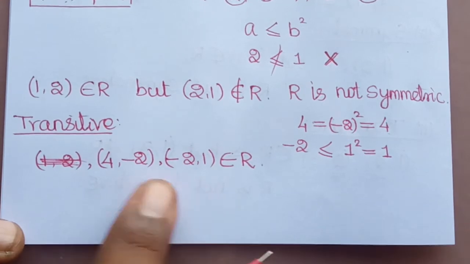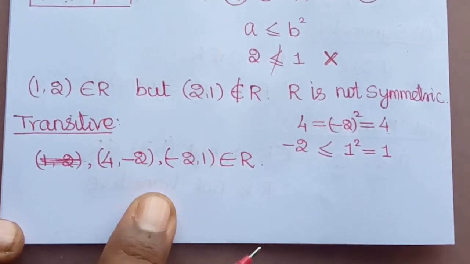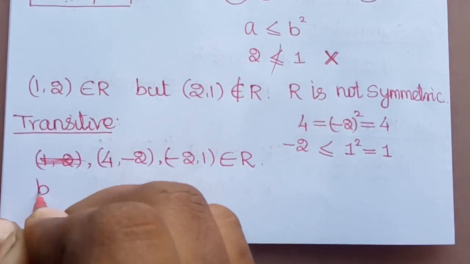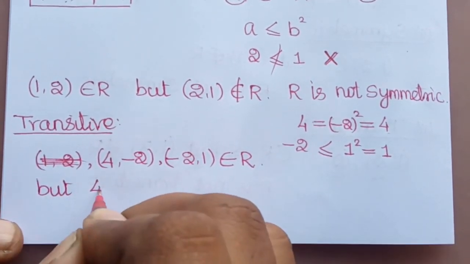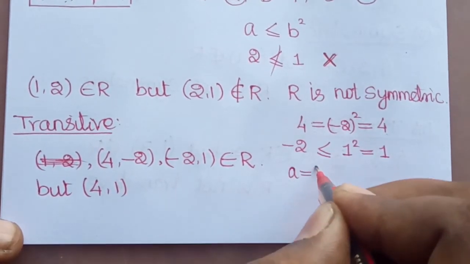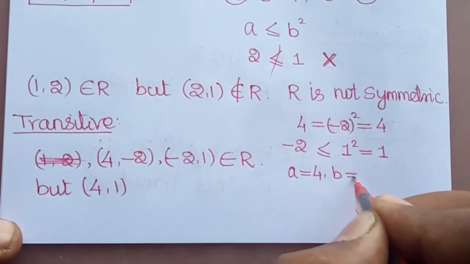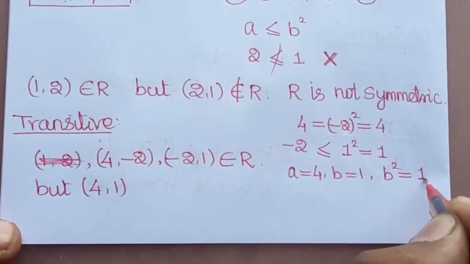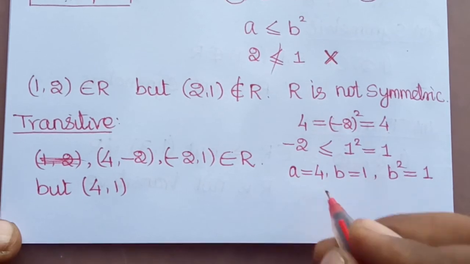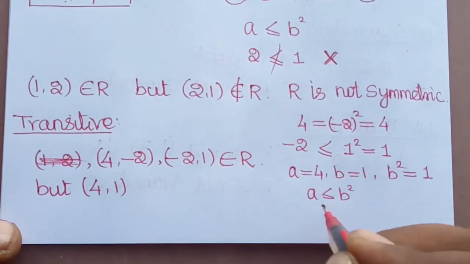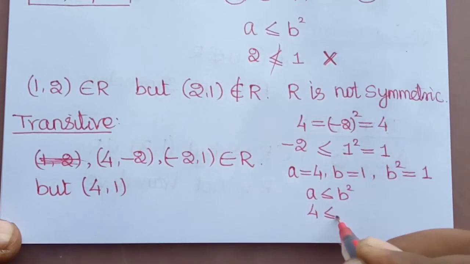Now we merge the two ordered pairs, and we get (4, 1). We want to check (4, 1). Here A is equal to 4 and B is equal to 1. So B square is 1 square, which is equal to 1. So here A value less than or equal to B square: 4 less than or equal to 1?